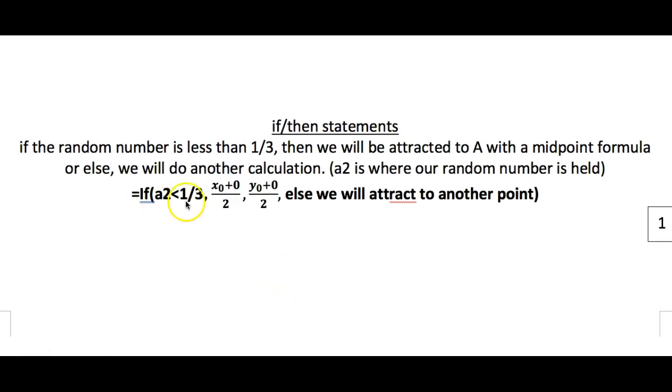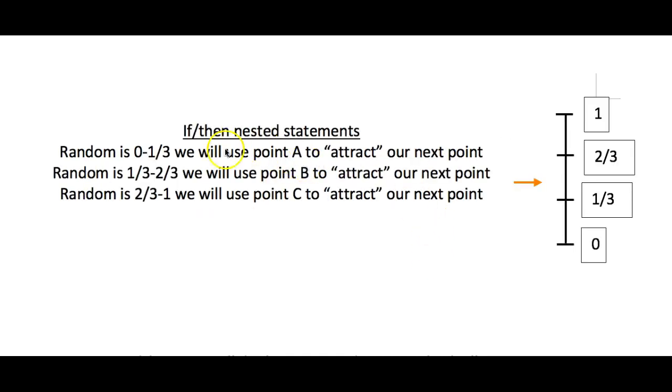Our problem, though, is that we want to deal with 0 to 1/3, 1/3 to 2/3, and from 2/3 to 1. We have to deal with all of that so we can get attracted to A, B, and C whenever we get a random number that is in that category. So to write nested if-then, we're still going to use the premise that we had here for each one of our attractants. And you can think of the random number generator as being this little pointer.